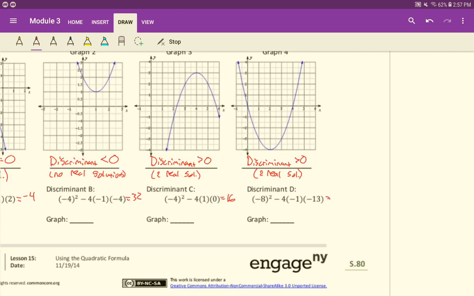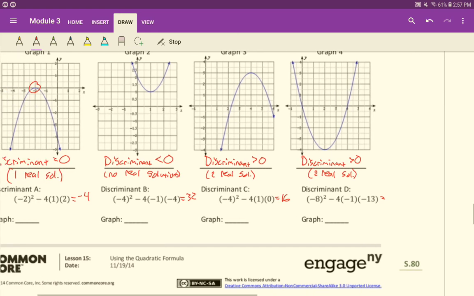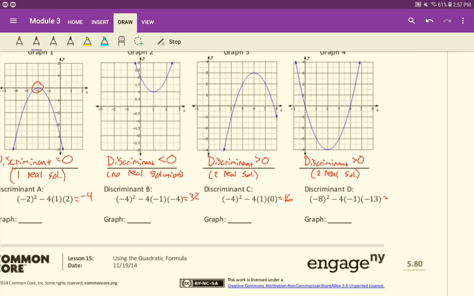And this discriminant here will give you 116. Okay, so I think I messed up one of my calculations here. Yes, this one's supposed to be 0, not 32.